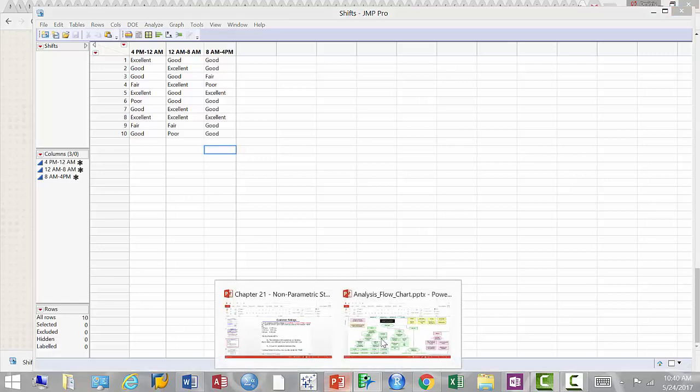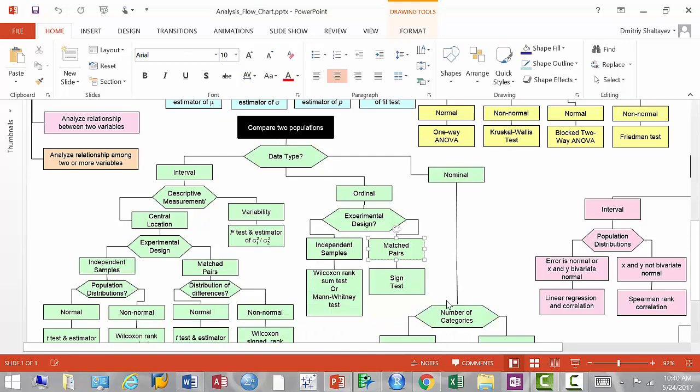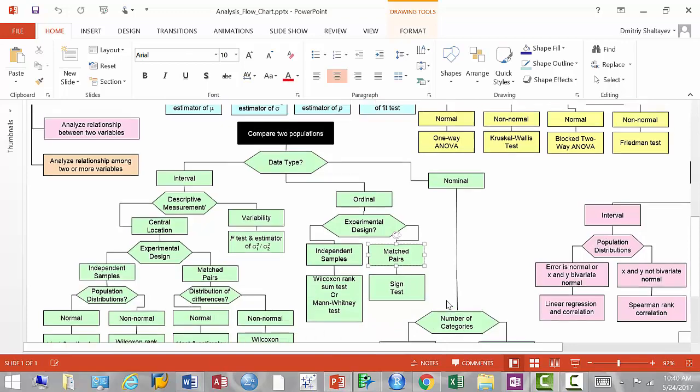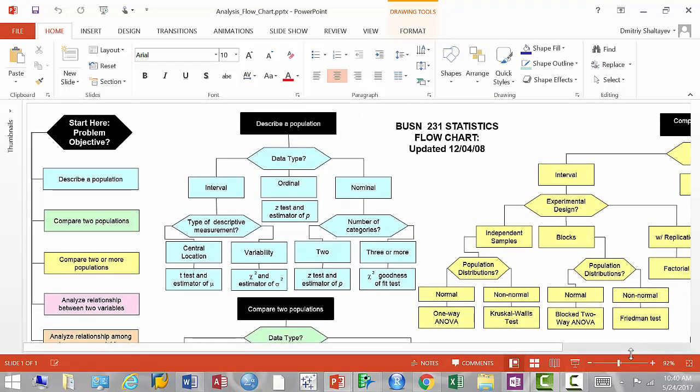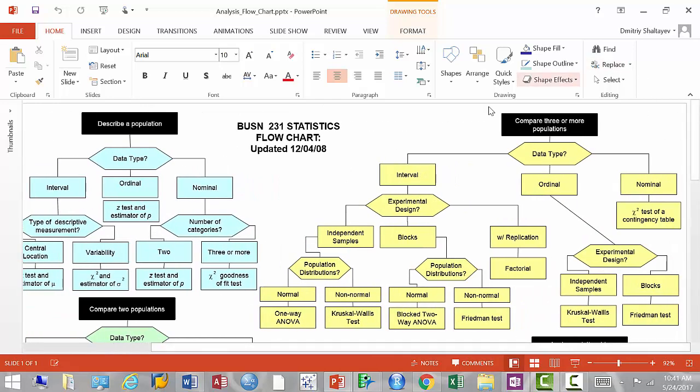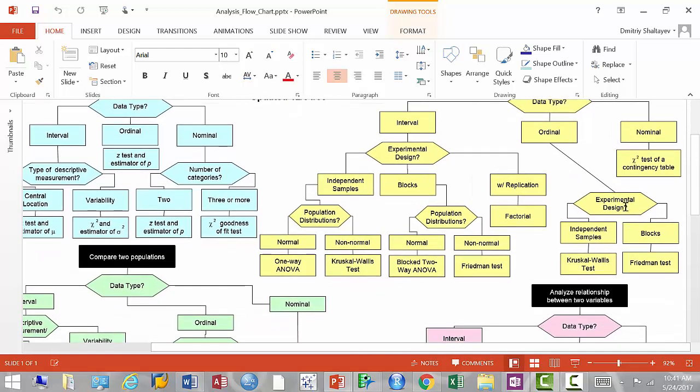So let's be formal about that again. Let's use our magical flow chart. Clearly, I'm dealing with three different samples, so I have to start over here, comparing three or more populations. Data type, obviously ordinal. After that it asks, what's your experimental design?